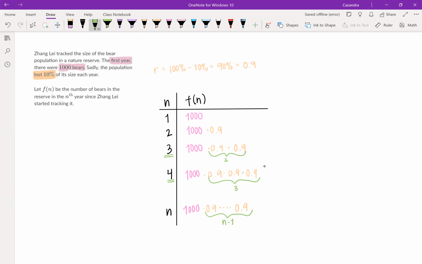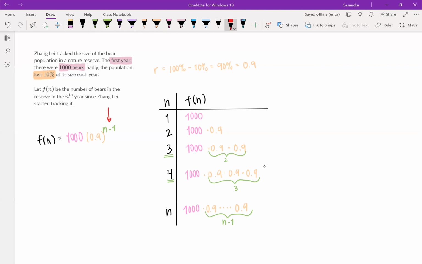The number of times I multiply the 0.9 is 1 less than the number in the number of years column. So then f of n equals the 1,000 that I had in the first year, my multiplier of 0.9, and the exponent this time is n minus 1. So that will be my exponential function.